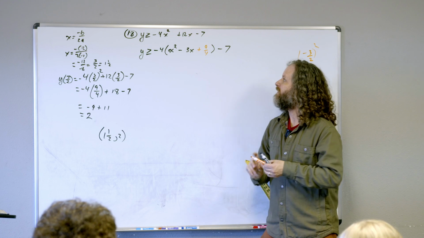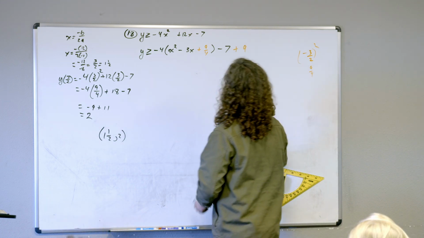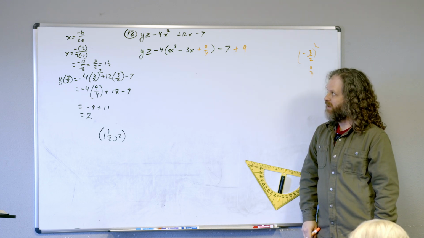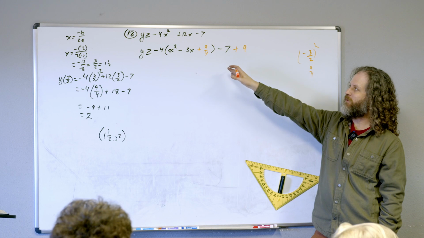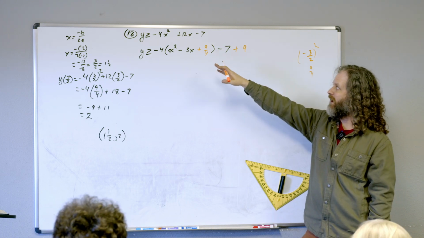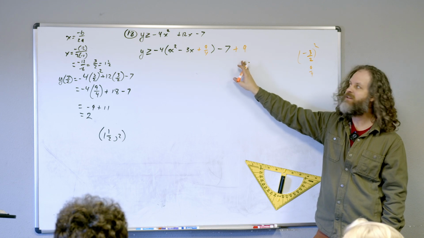Yeah, and then opposite of that. So plus 9, right? Yeah. Because 9/4 times negative 4 is negative 9. So to get rid of what we did, we've got to add it over here. Right?